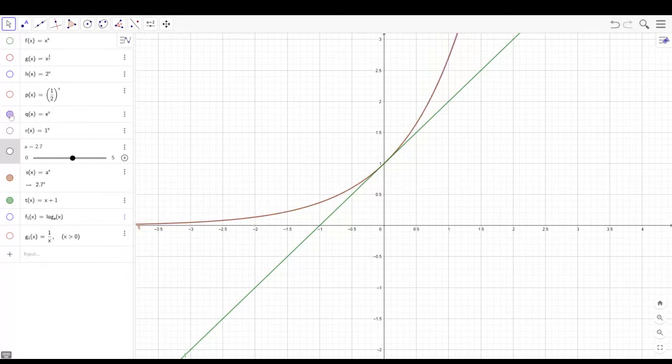Now if I put that one in there and remove this one, you can see it's got the right shape. This is exactly a tangent line at the point x equals 0. So this magic number e is somewhere between 2.7 and 2.8.